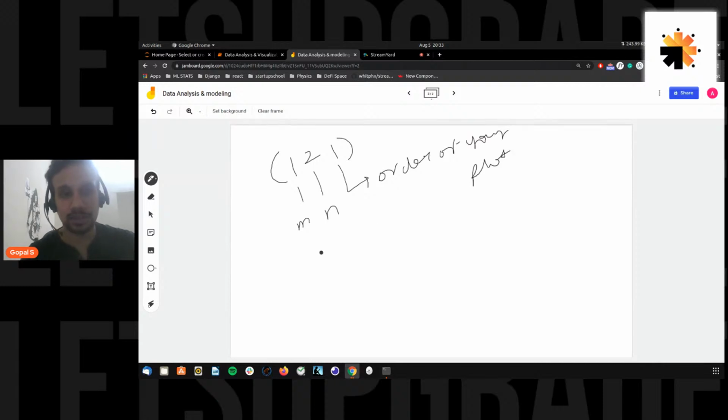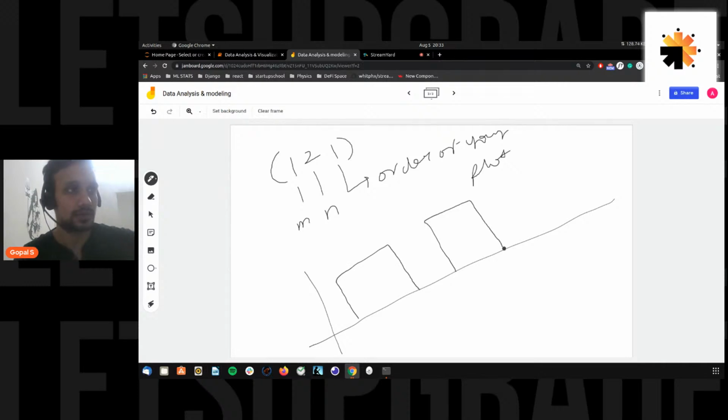What I mean by that is I take two subplots over an axis that should have a single row with two columns.